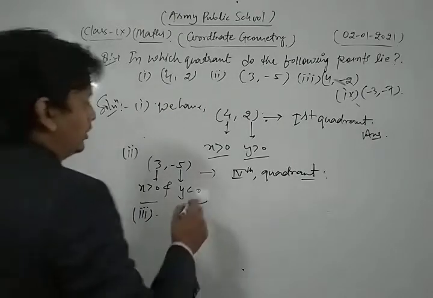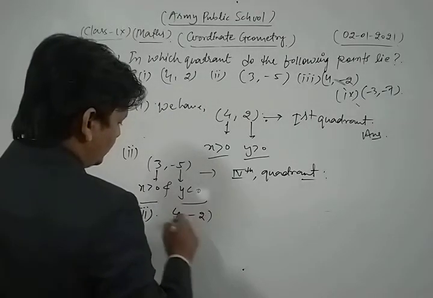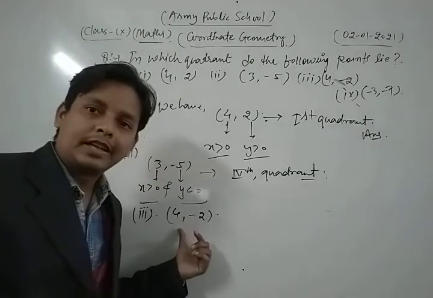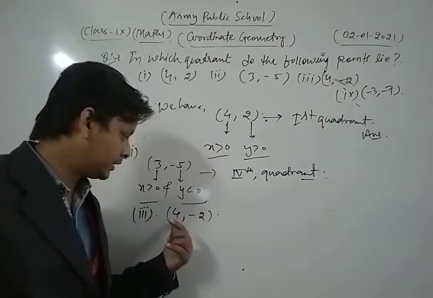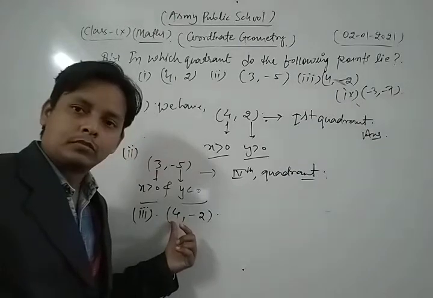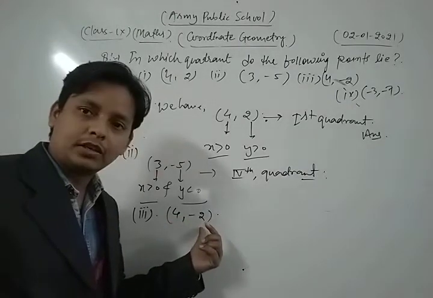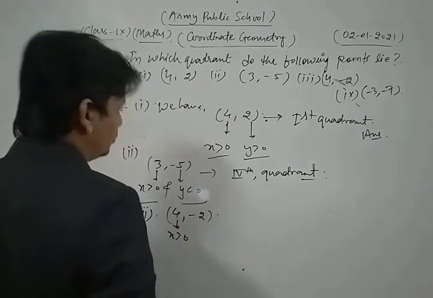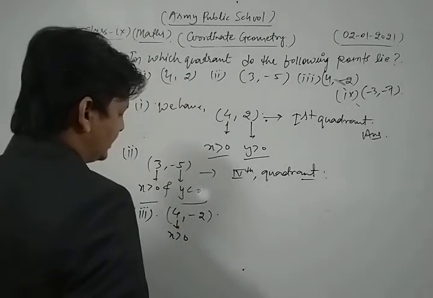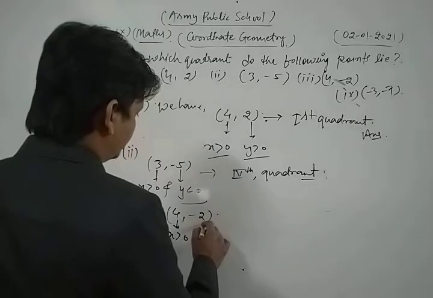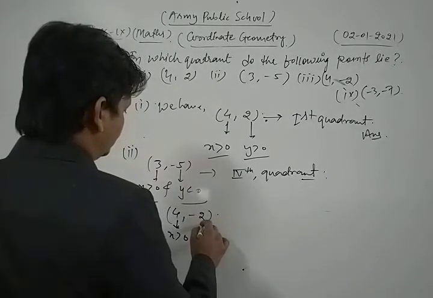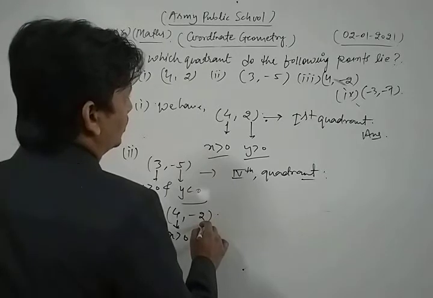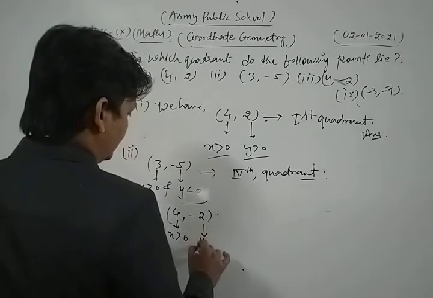Dear friends, the third part is what? (4, -2). Let's see. Here, in that coordinate, abscissa is positive, but ordinate is what? Negative. Means x is greater than 0, but y is less than 0.